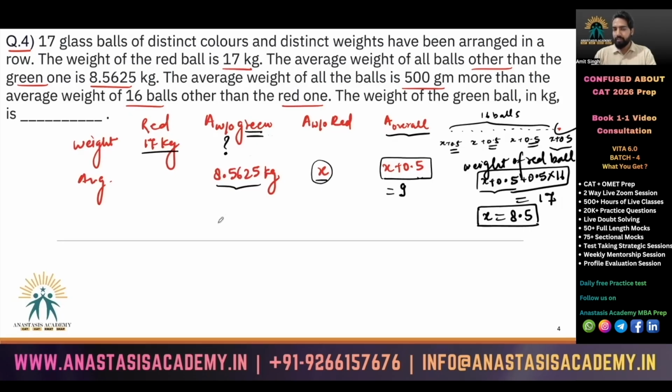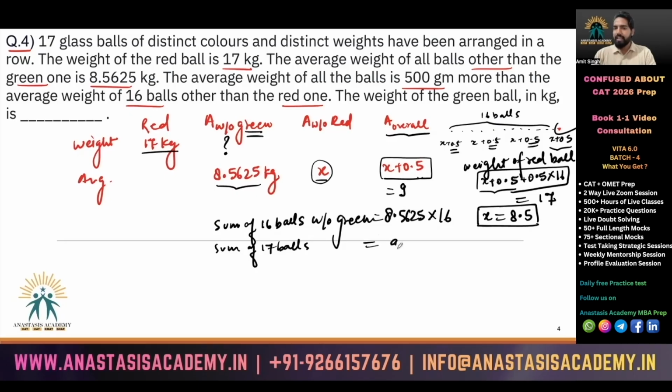So the sum of weights of the 16 balls without the green one would be 8.5625 into 16. And the sum of 17 balls together was 9 into 17. So to find the weight of the green ball, I need to subtract this value from this value.